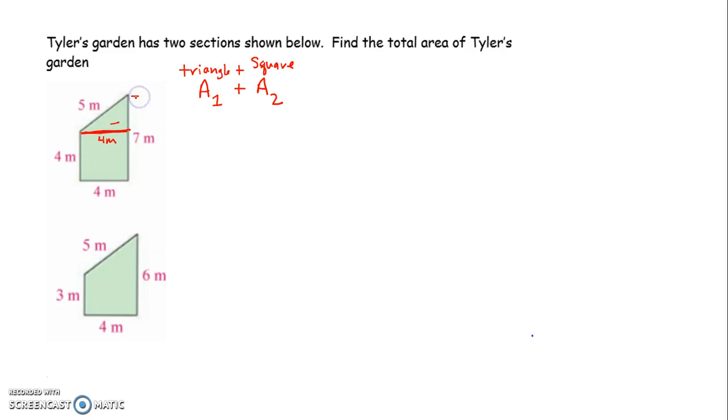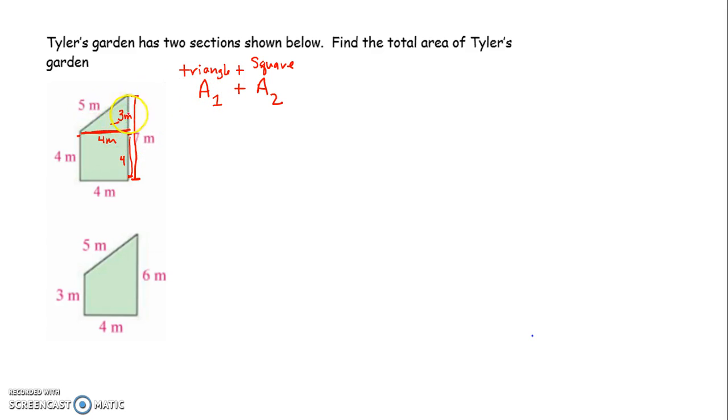And I know my overall height from top to bottom is 7. I also know this height from here to here is 4. The height from here to here is 4. If I slide that over, my total is 7. Oh, the height of my triangle is actually 3 meters because 3 plus 4 gets me to 7.